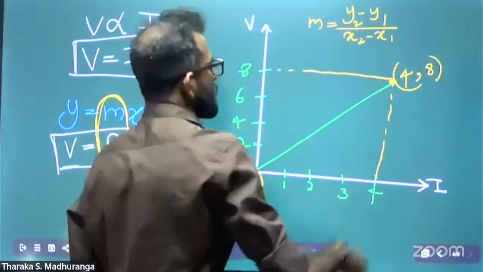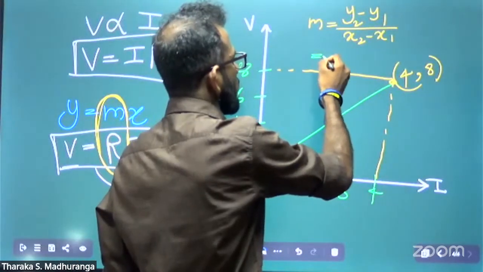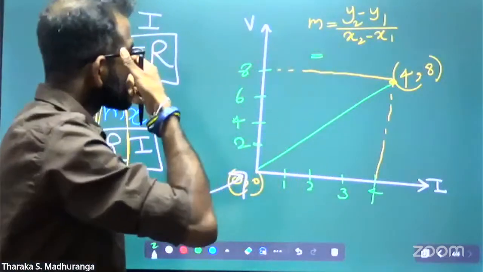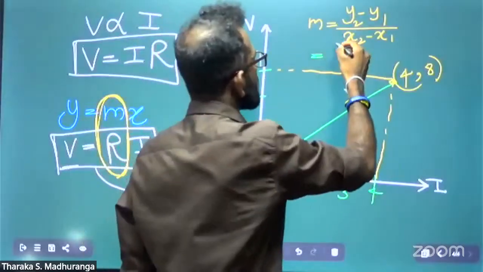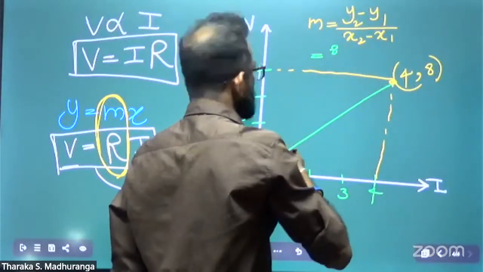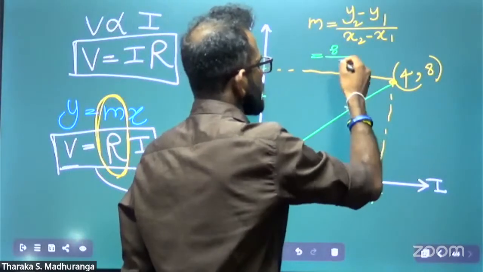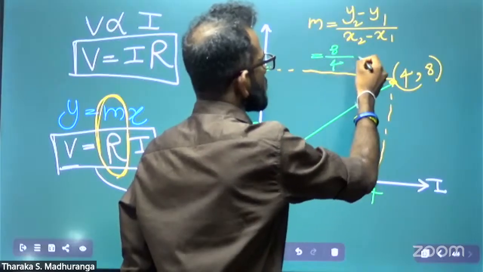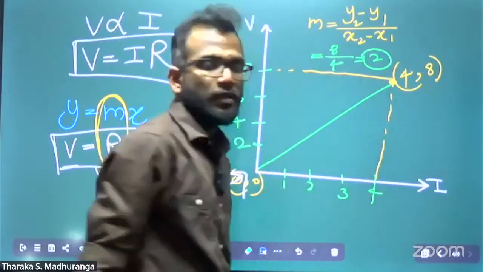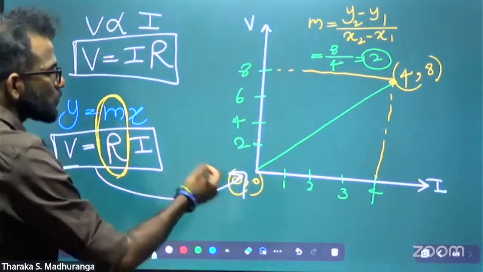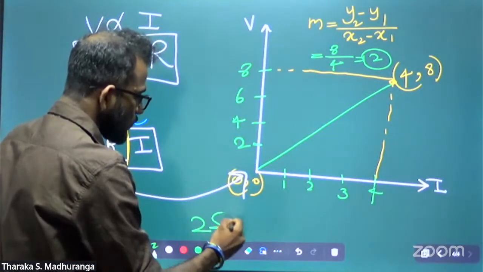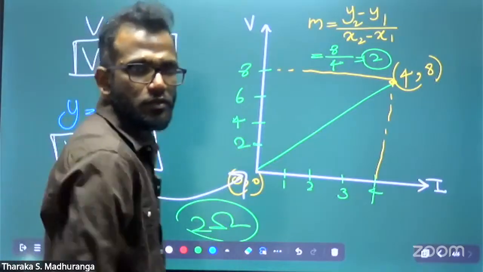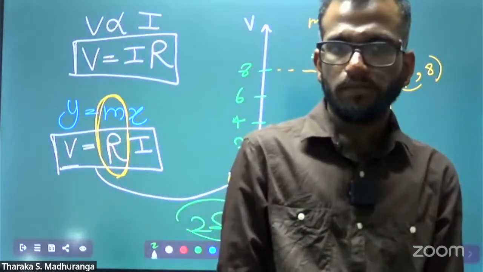Now I can get the gradient for this graph: y2 minus y1 is 8 minus 0, x2 minus x1 is 4. The gradient is 2. Then the resistance is 2 ohms.